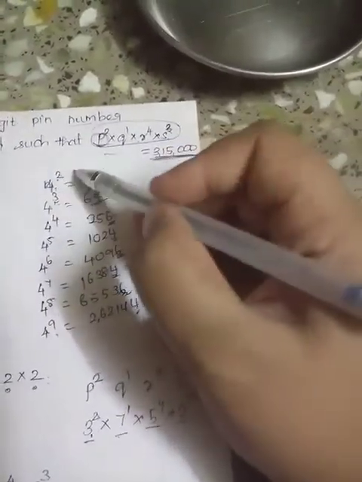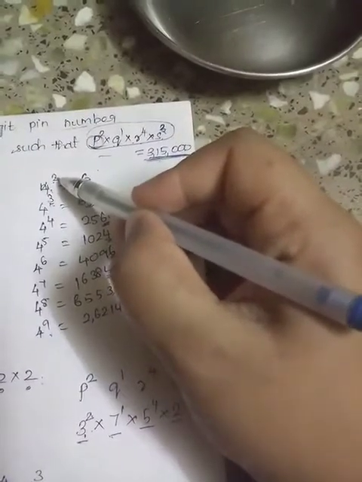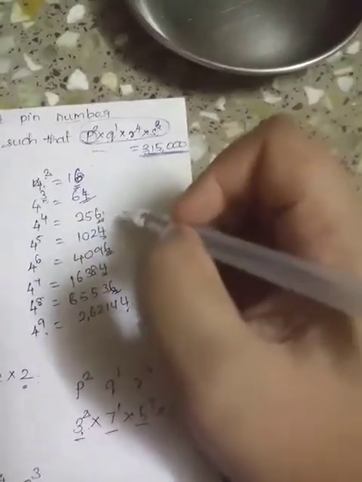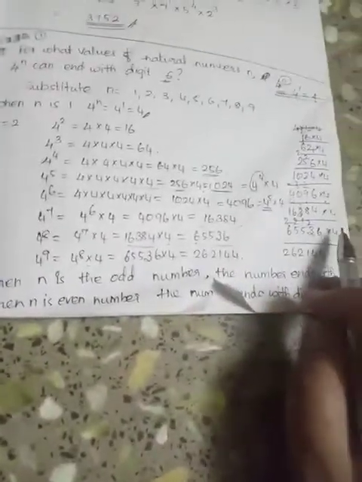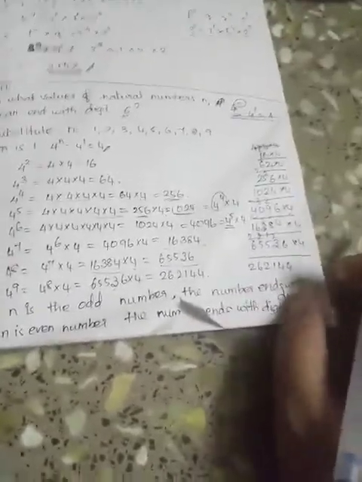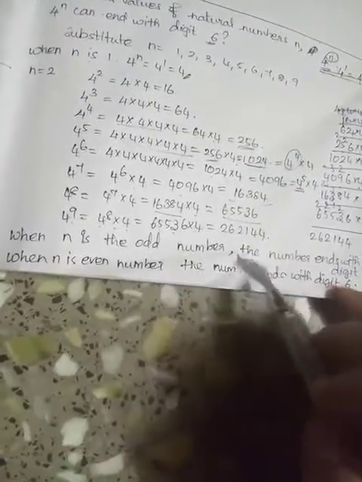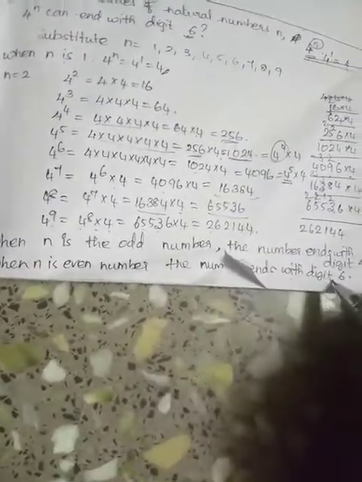When n is even, 2, 4, 6, 8, the number ends with 6. So when n is an odd number, the number ends with digit 4, and when n is an even number, the number ends with digit 6.